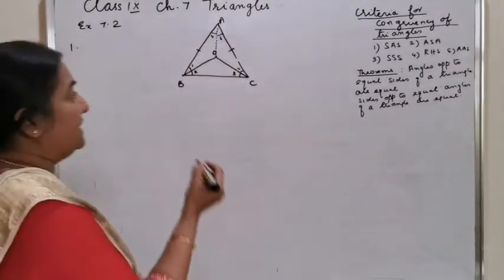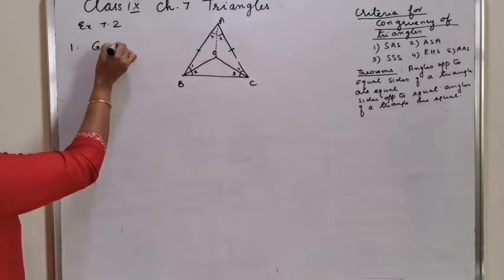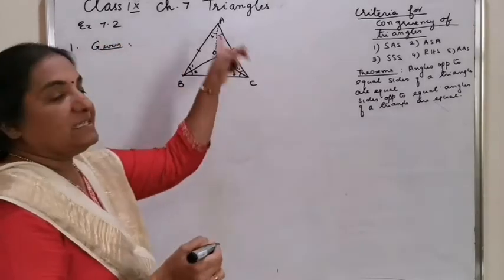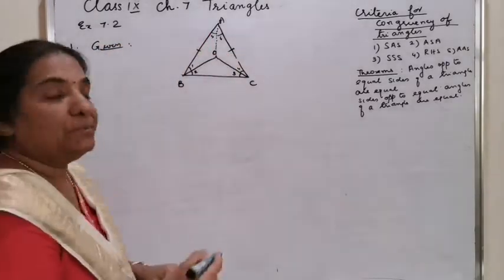So now the given condition is, once again, triangle ABC is isosceles with AB equal to AC.